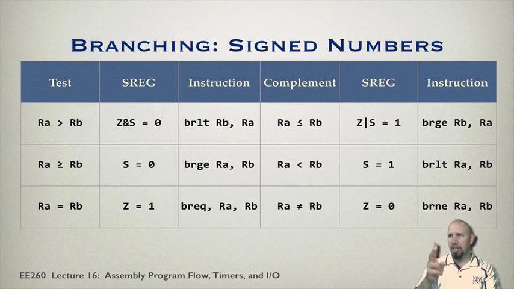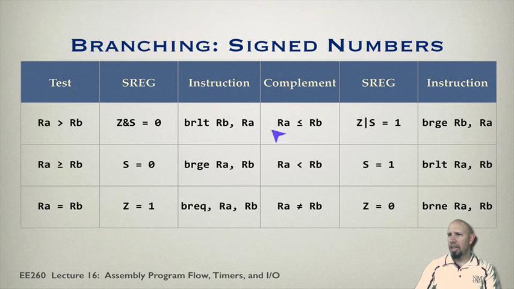Okay, so keep in mind, we've switched the RA and the RB. So the complement of this command, RA less than or equal to RB, actually evaluates the status register this way, and it says branch if greater than or equal to.